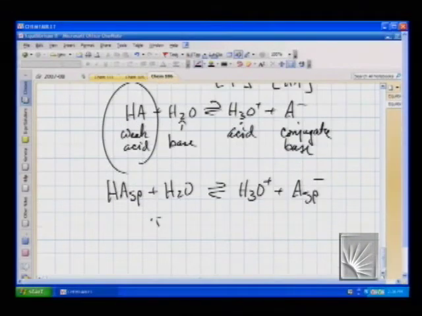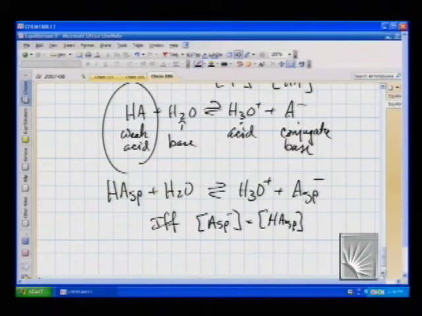And if the concentration of ASP minus equals the concentration of HASP, then pH equals pKa.